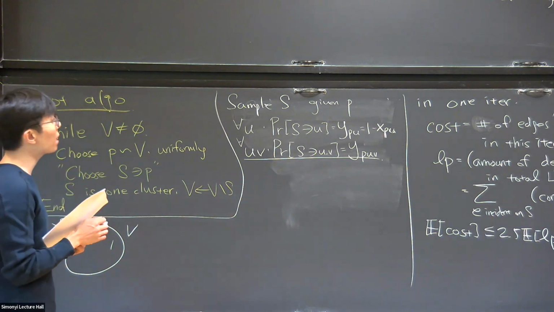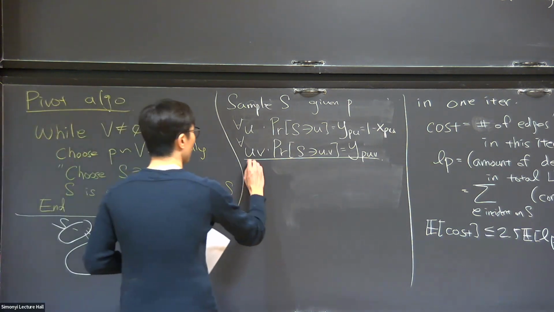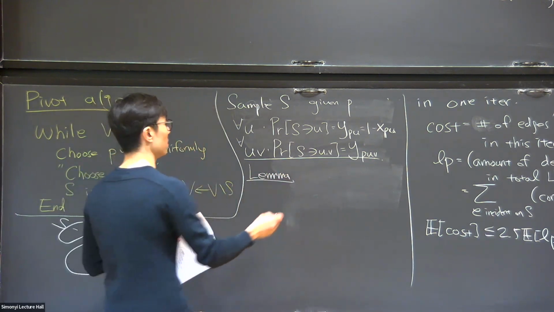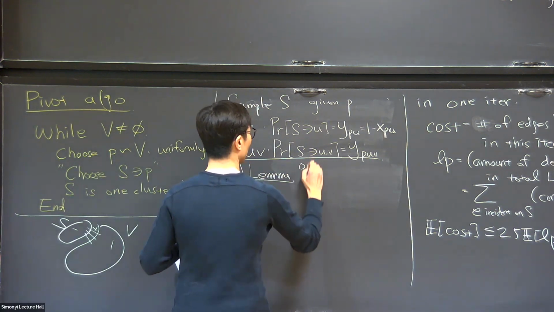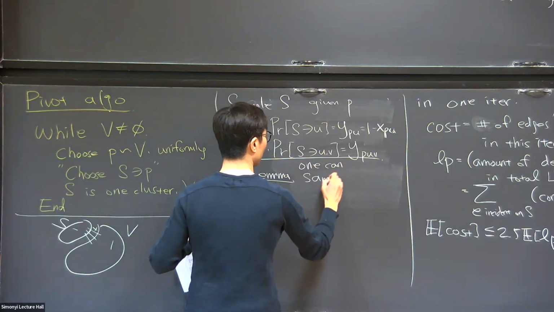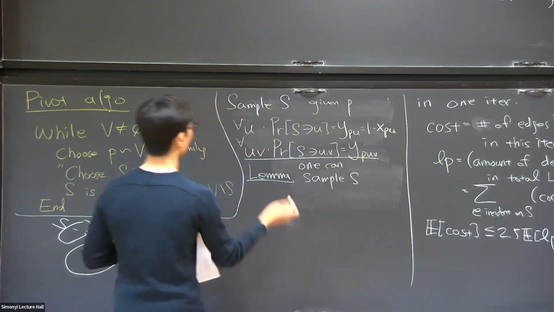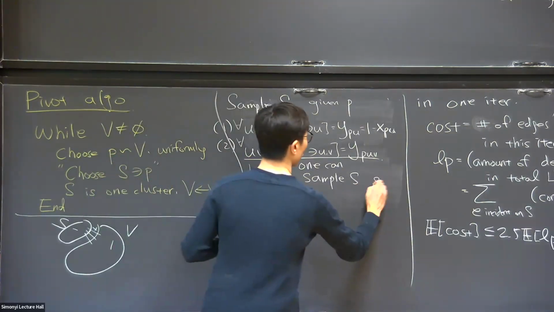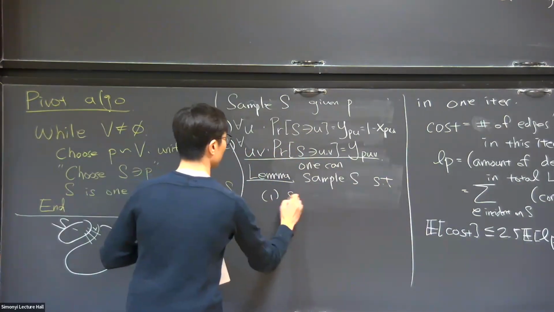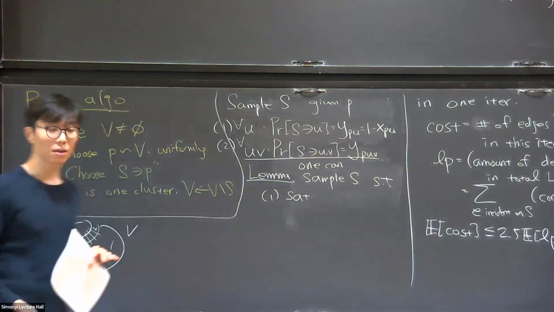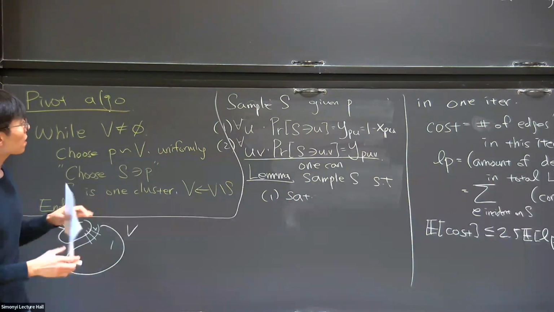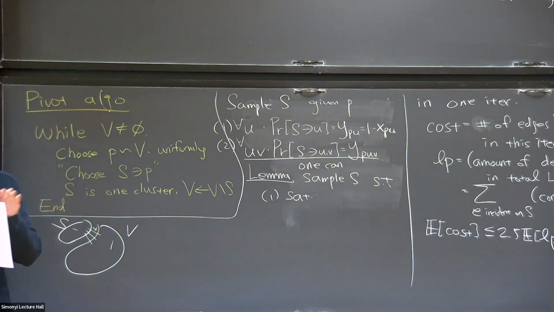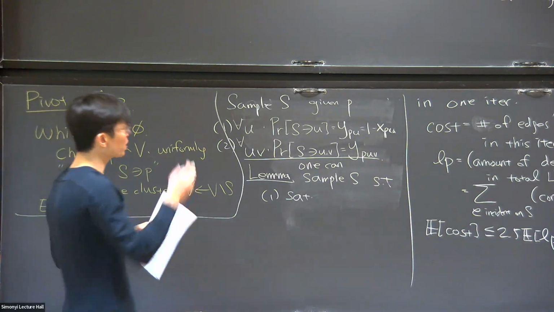But what one can say is that one can sample S such that property 1 is satisfied, and property 2 we are going to satisfy in an approximately amortized sense.